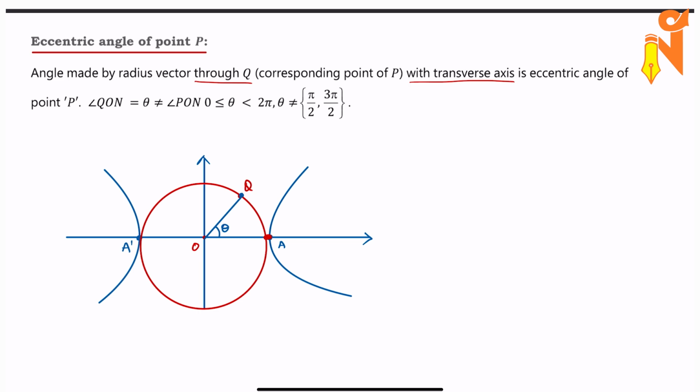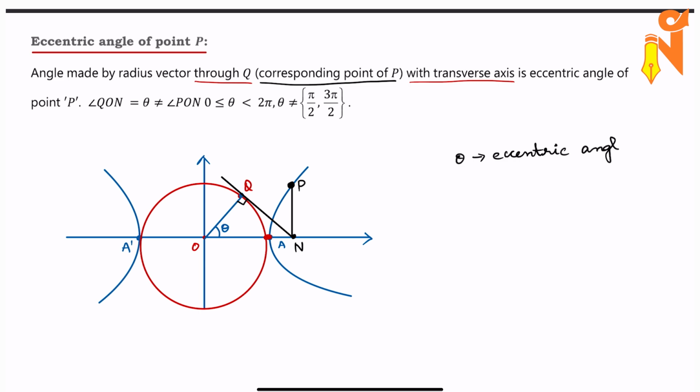For that, draw a tangent at Q. Let's take it as intersecting the transverse axis at N, and then draw a line parallel to the conjugate axis. It will intersect the hyperbola at a particular point. That particular point is P here. Here Q is the corresponding point of P. This theta is called the eccentric angle.